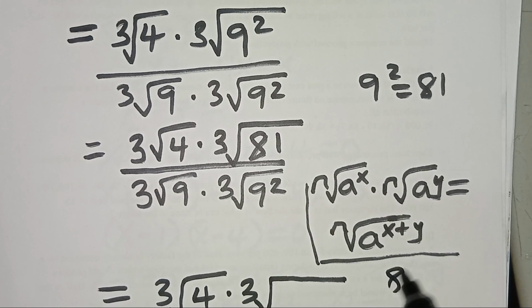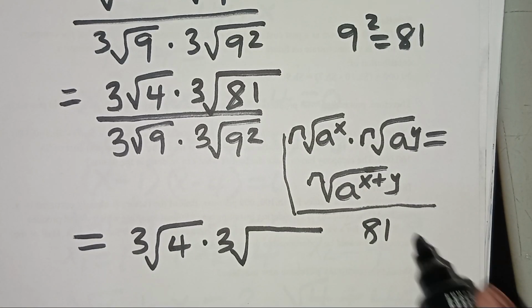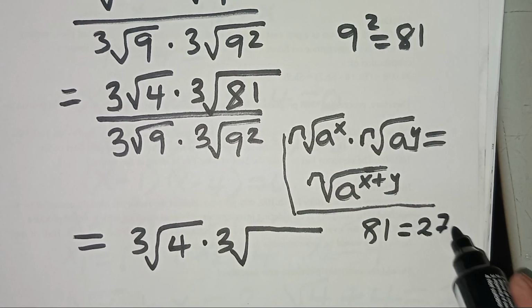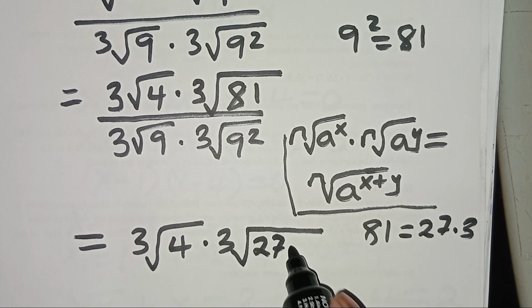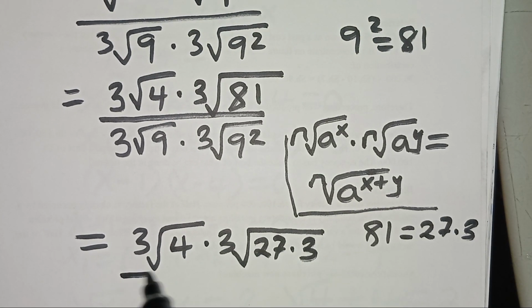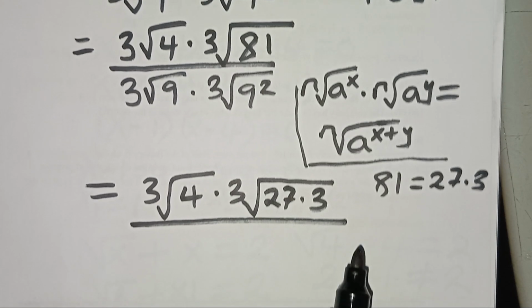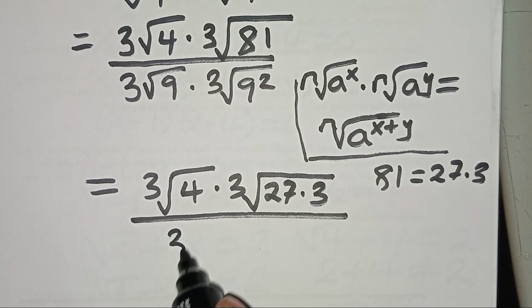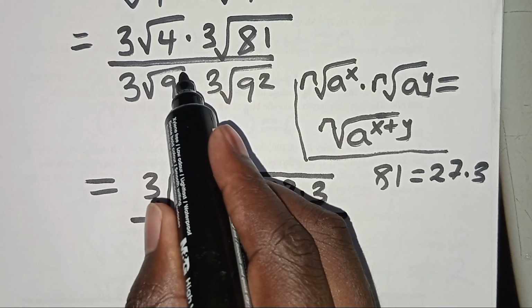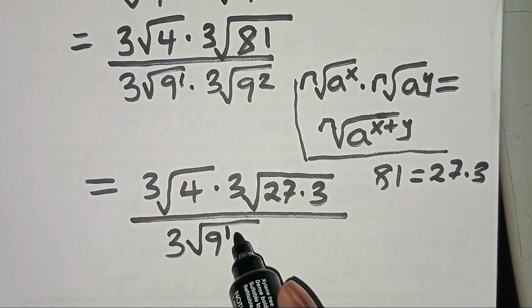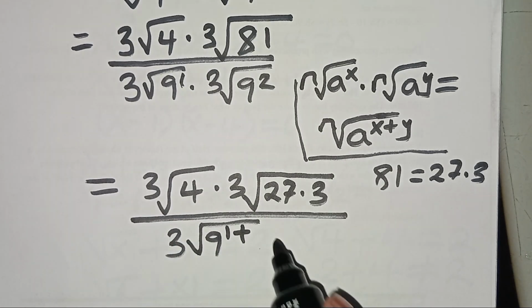We can express 81 as 27 multiplied by 3. Let's substitute this here. We'll have 27 times 3 divided by the cube root of 9. Actually this is 9 to power 1 plus 2.